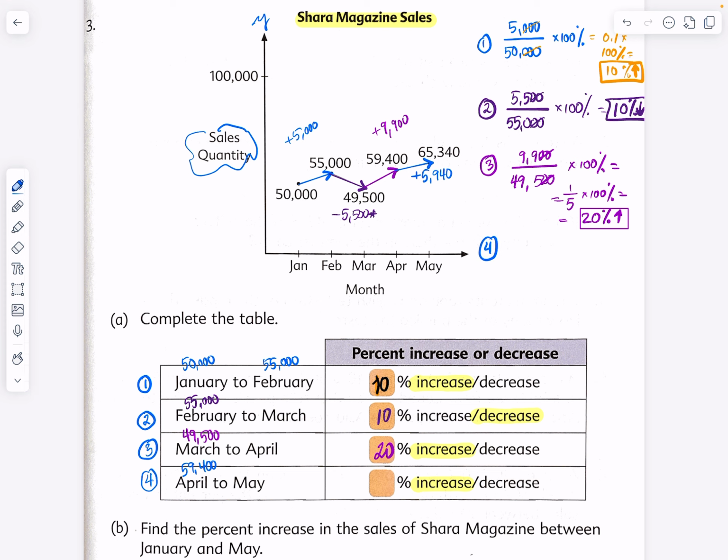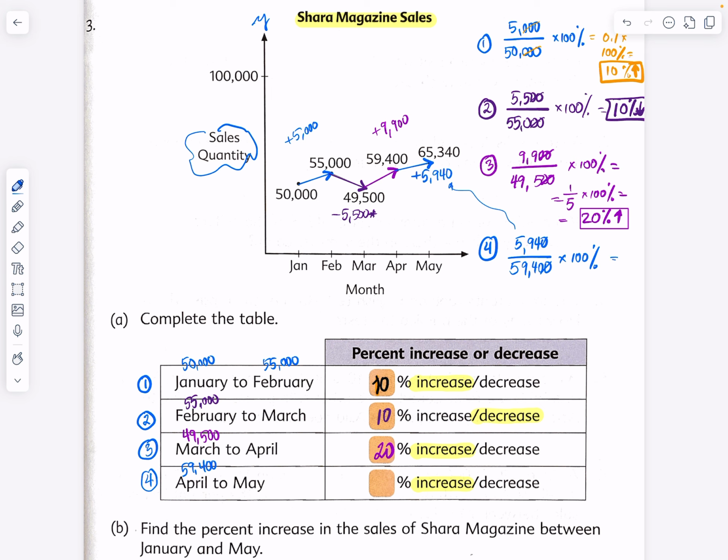Let's make step number 4, calculate. So we know that there was a 5,940 magazine jump, right? Here it is. It came from our first calculation. And we divided by what we're comparing to, which is April, 59,400. I hope the answer is jumping at you. Simplify before you multiply.